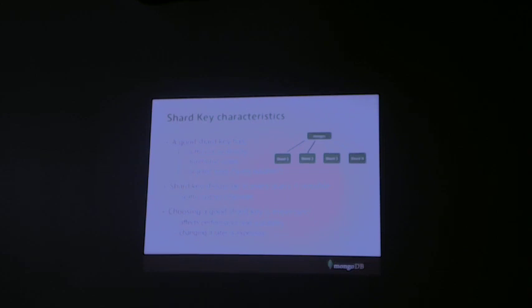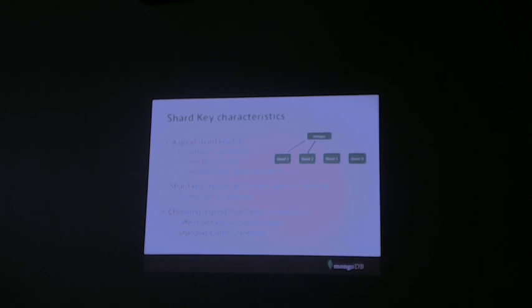So a good shard key has 3 characteristics. It has sufficient cardinality. That means there's enough distinct values. MongoDB will auto-balance the data on your shards, and it does that by assigning ranges to certain chunks, and it can move chunks around. So if you have one replica set, and you turn that into shard 0, then you add another shard, MongoDB will automatically move data off of that first shard so that both shards have the same amount of data.